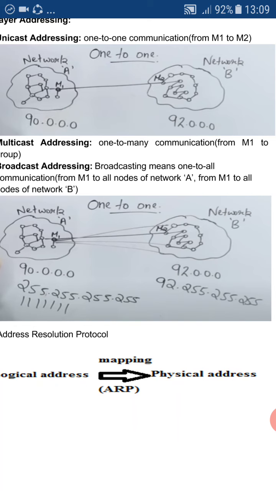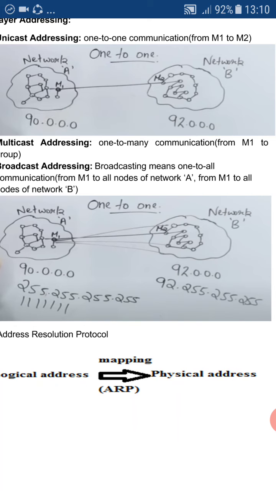You can just observe the diagram. When M1, that is a host of network A, wants to communicate with all the hosts of network A itself, then we call it limited broadcast addressing. When M1 wants to communicate with all the nodes of network A, limited broadcasting.